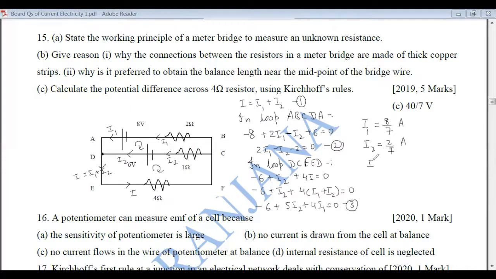So I, which is equal to I1 plus I2, comes to 10 by 7 ampere. Now we can find the potential difference across the 4 ohm resistor, which is I into R. Here I is 10 upon 7 and the resistance is 4 ohm, so the potential difference is 40 upon 7 volt.